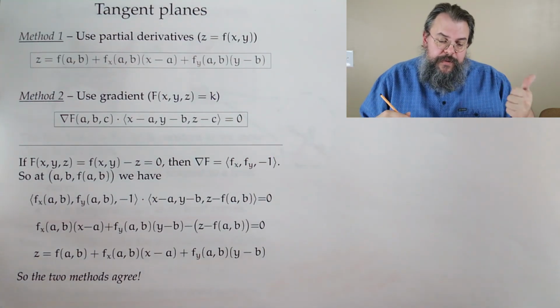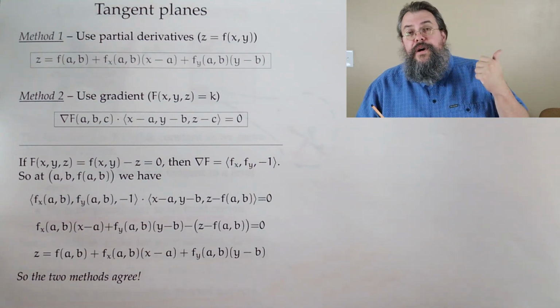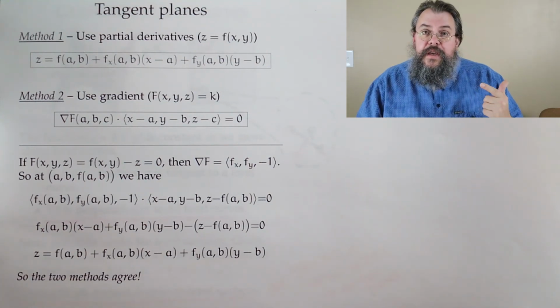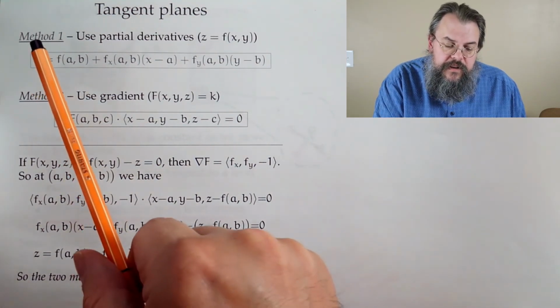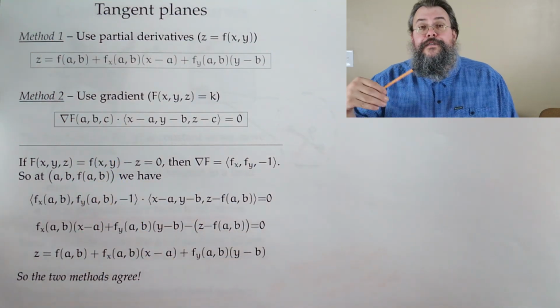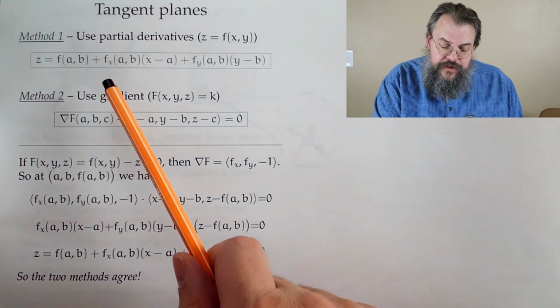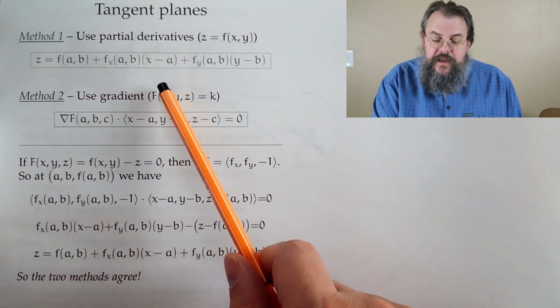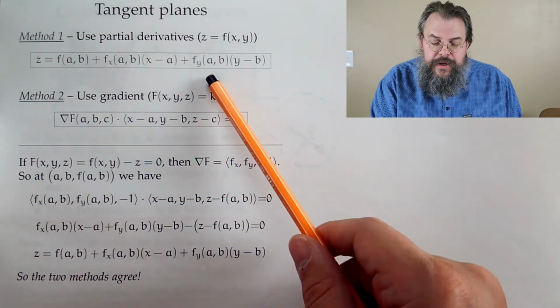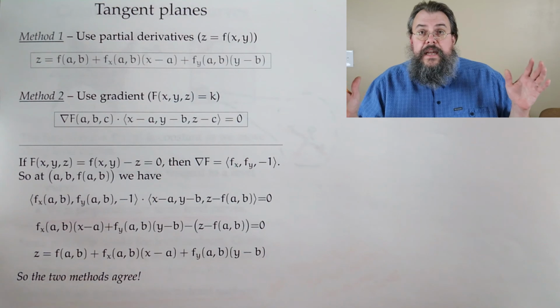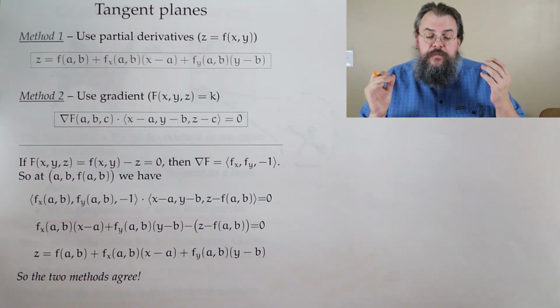So we compute partial f partial x at (a, b), partial f partial y at (a, b), and our tangent plane is the function at (a, b) plus the partial derivative with respect to x at (a, b) times (x minus a) plus the partial derivative with respect to y at (a, b) times (y minus b). Fantastic. And it works. And it's beautiful.